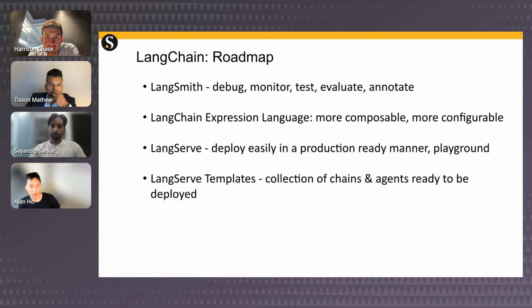Two of the newer things that we're working on, one that we released two weeks ago, I think, is LangServe, which is an easy way to take a chain and deploy it. This is possible due to a lot of improvements that we made as part of the LangChain expression language.